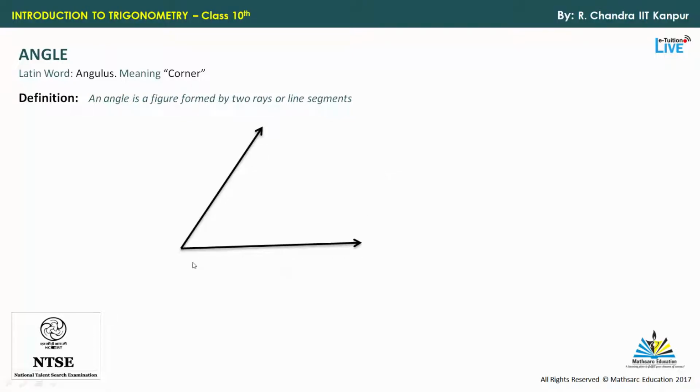As you can see, we have two rays, or you can say these are two line segments. It's better to say ray since it has a starting point and no end point. We call this point the vertex O, and mark these two points as A and B. So we have two rays, OA and OB.